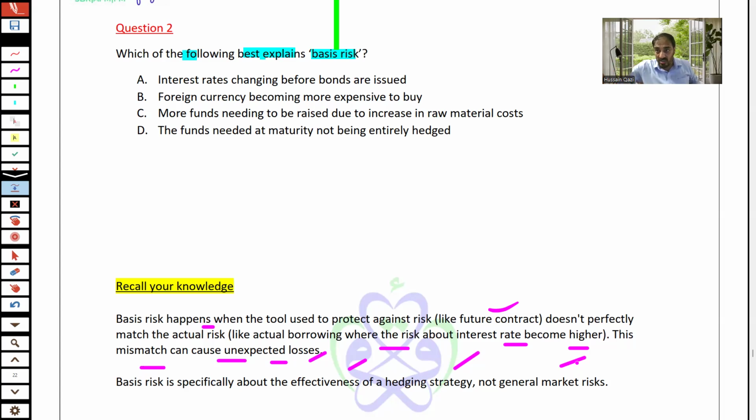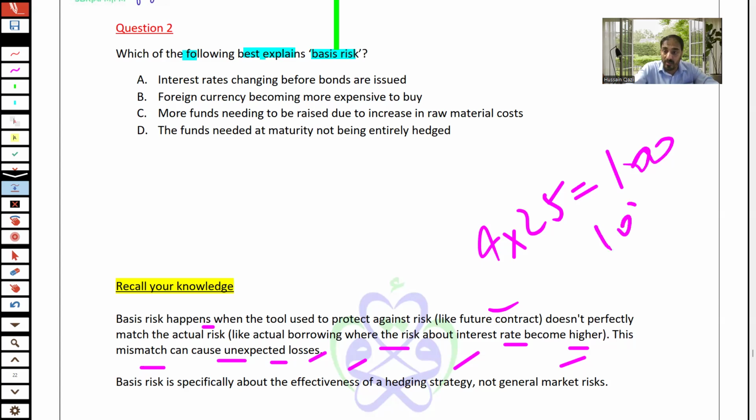I will go to the futures market. Futures contracts are available for $25,000 each, so I will buy 4 contracts to protect the risk. 4 contracts multiplied by 25,000 is equal to 100,000. But actually I wanted to protect 102,000.